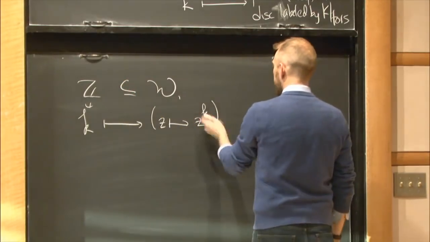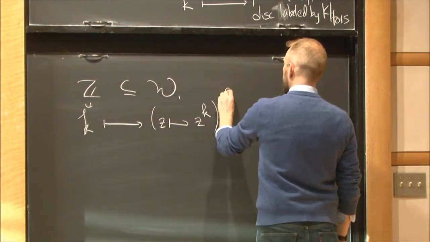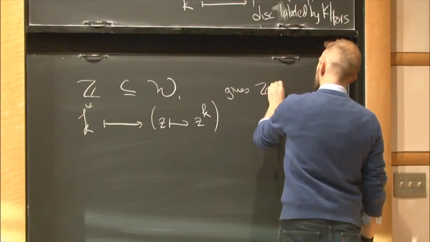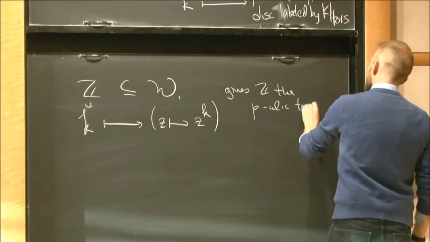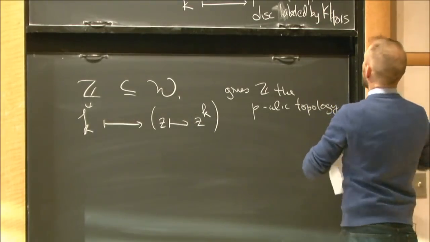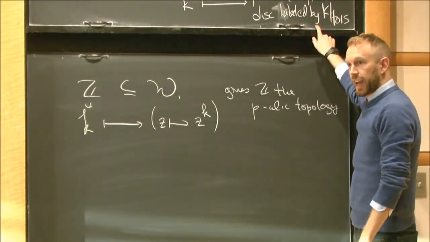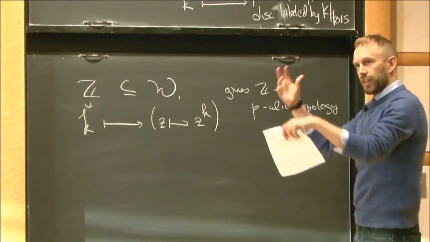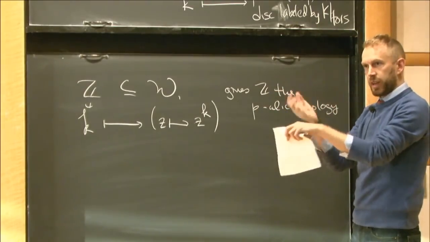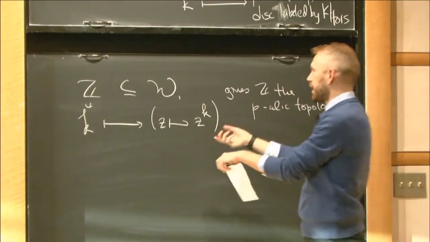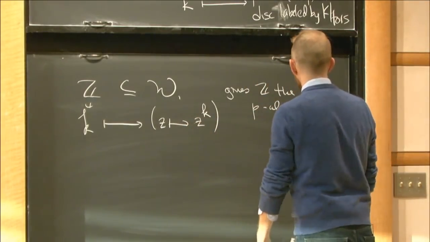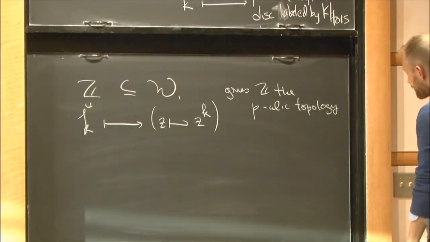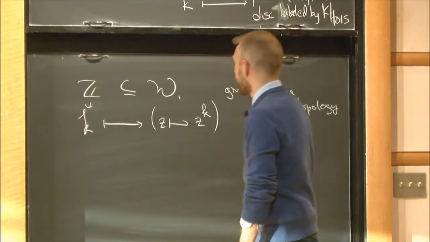Okay, so this embedding gives Z the p-adic topology, except you're separating out certain integers by the action of the kth power character on the torsion part. And so that's a congruence mod p minus 1 or something like that. So it's almost the p-adic topology, except you also have congruences mod p minus 1 that you have to take care of.